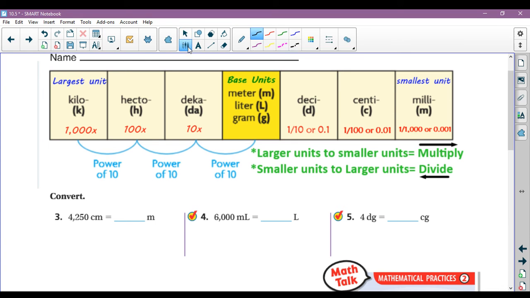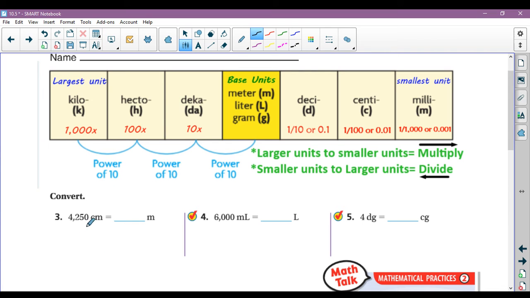Okay, so let's take a look at the first one here and work on moving our decimal and converting this unit. If we have 4,250 centimeters and we want to find out how many meters that would be, simply look at your chart, find centimeters, and then we need to get to meters. So we are moving 2 places to the left.